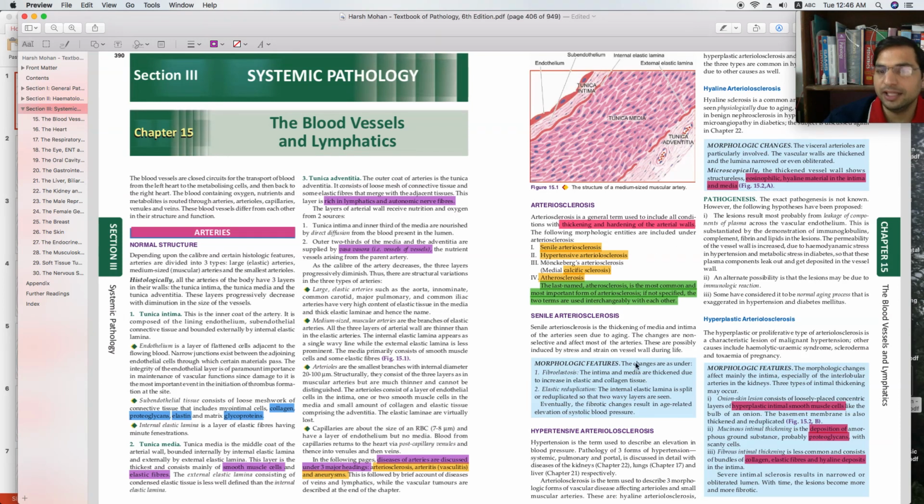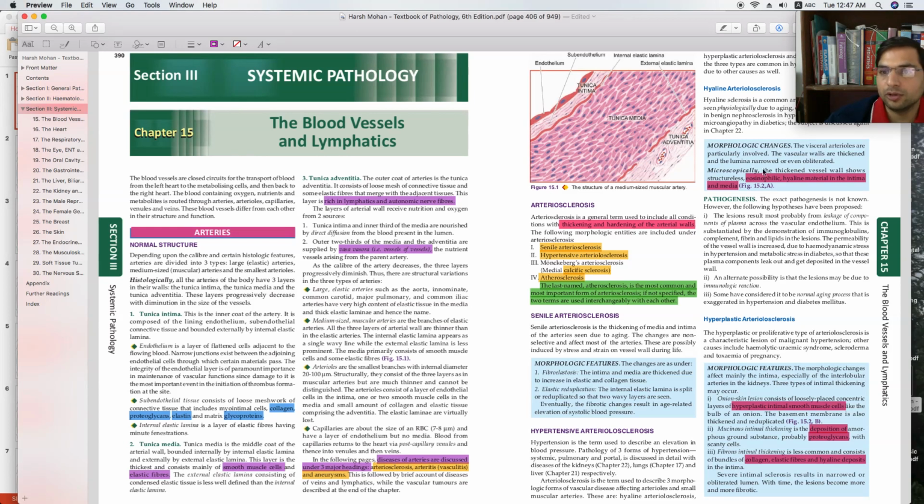In hypertensive arteriosclerosis, the intima and the media, apart from having this elastic and collagen tissue, have more hyaline material in them, and they also have eosinophils in them, right? Eosinophils are also present in them.